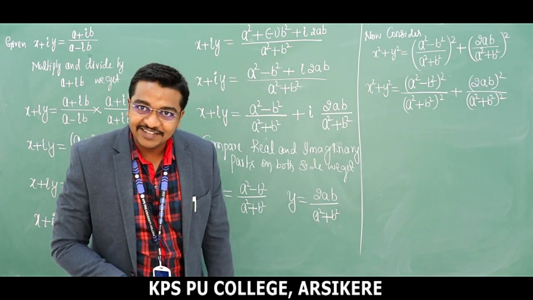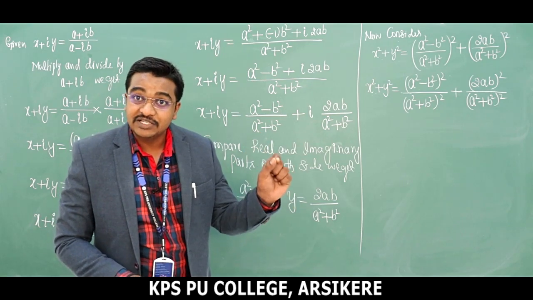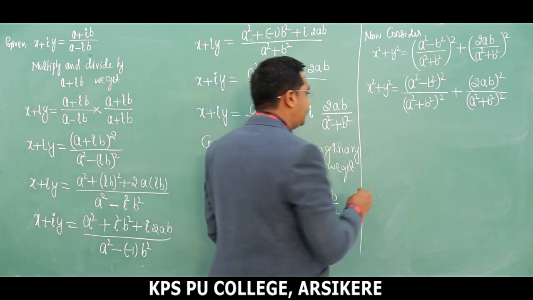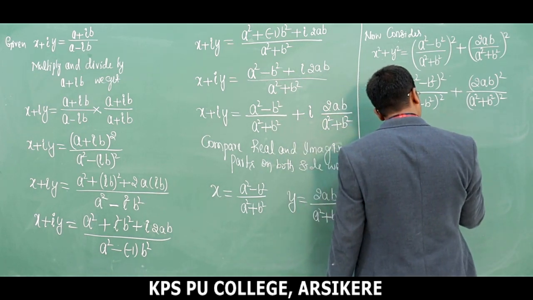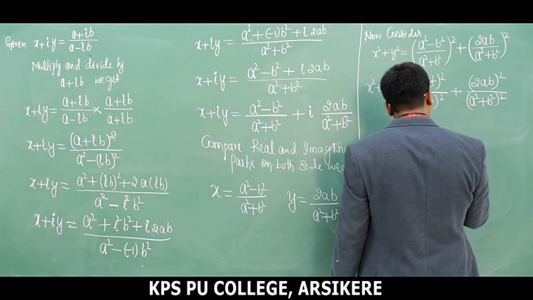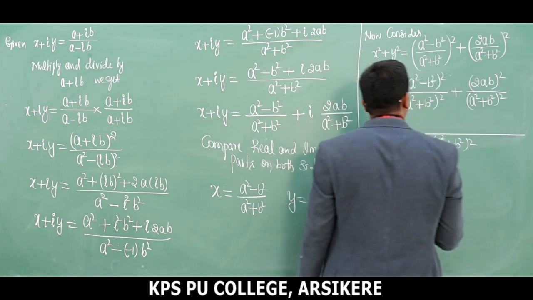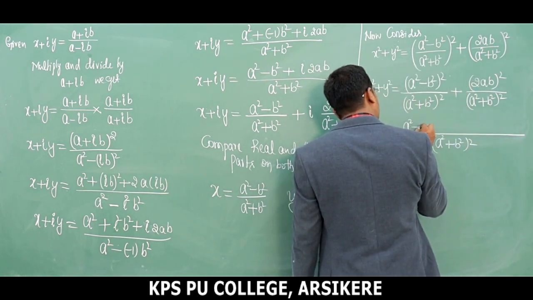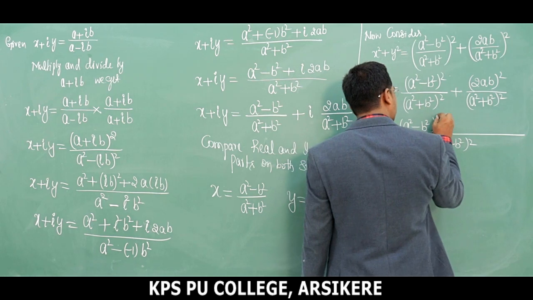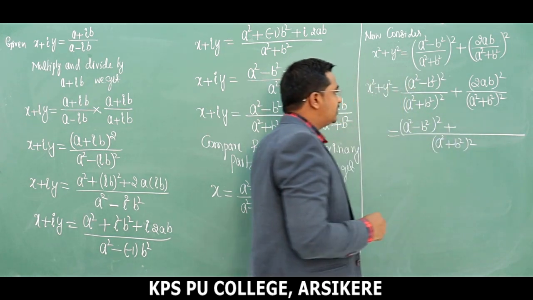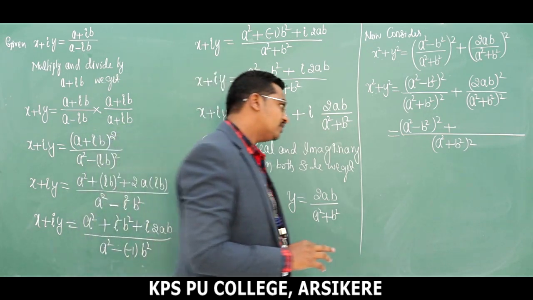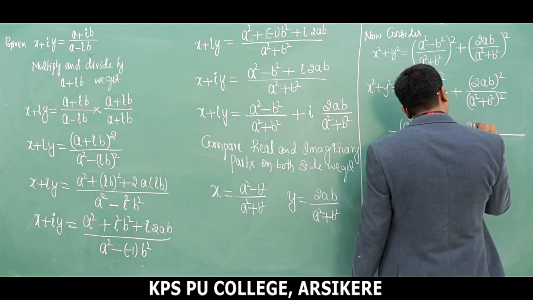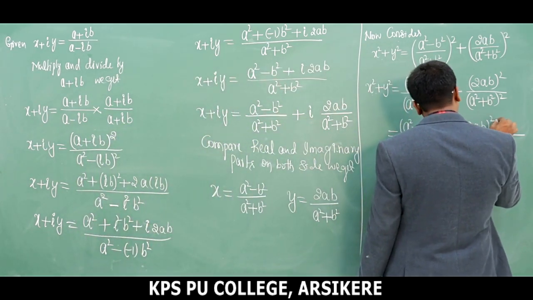So what is the LCM here? a square plus b square whole square is the LCM, and in the numerator a square minus b square whole square plus, this term can be written as 2ab whole square. Write as it is, 2ab whole square.